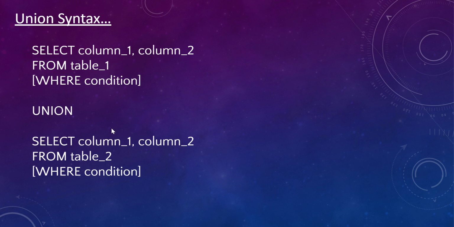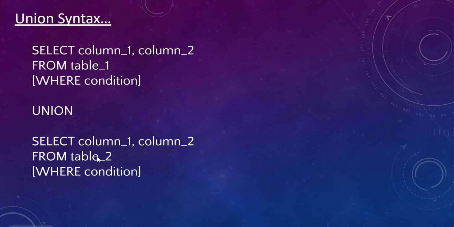For your understanding, these corresponding columns can have different names. However, by default, the names of the corresponding columns in the output will be taken from the first select statement. For example, there are two tables, in one you have a supplier and in the second you have a customer, and the first table we are talking about is supplier.